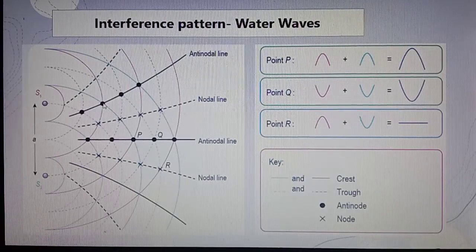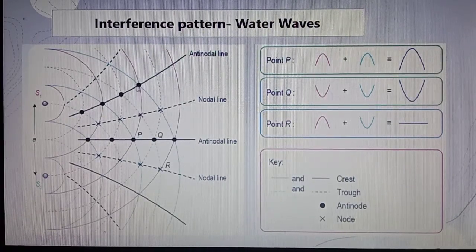This one is crest meets crest, trough meets trough, crest meets crest. So the black dot here represents constructive interference, or we call it an antinode. If you draw a line to join the antinode points, this line we call the antinodal line.